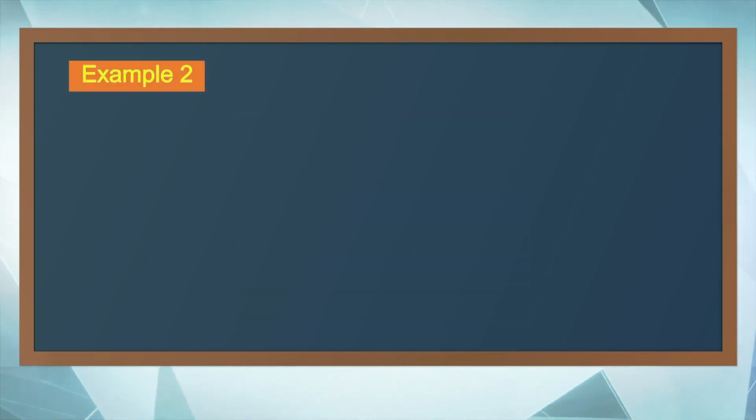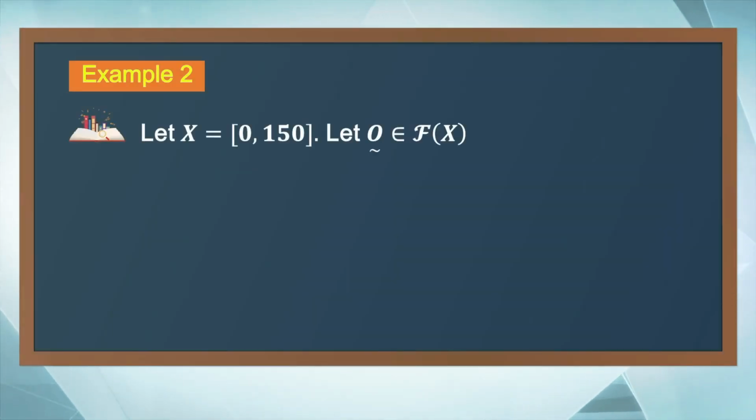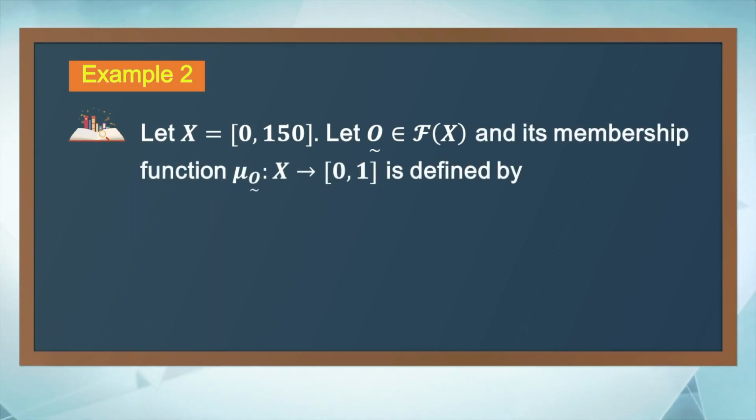Another example, example 2. In this example, we will consider the word old in the context of old people. Let O be the fuzzy set old, and its membership function is defined as follows.